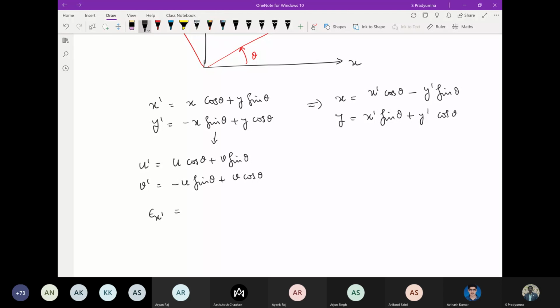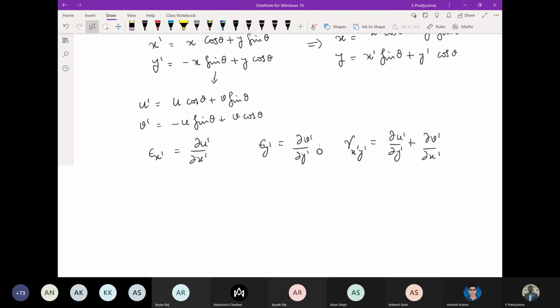That is dou u dash by dou x dash, epsilon y dash is equal to dou v dash divided by dou y dash, and gamma x dash y dash is equal to dou u dash by dou y dash plus dou v dash by dou x dash.